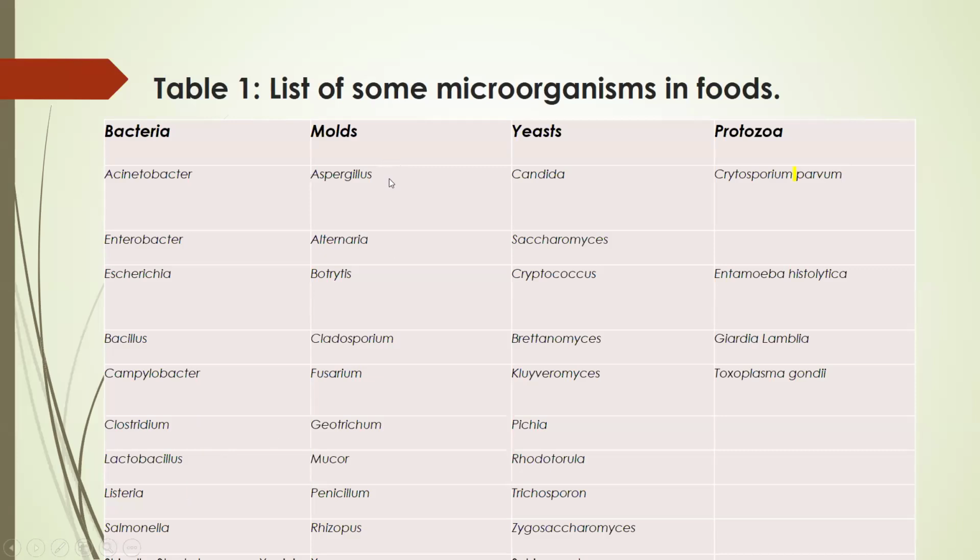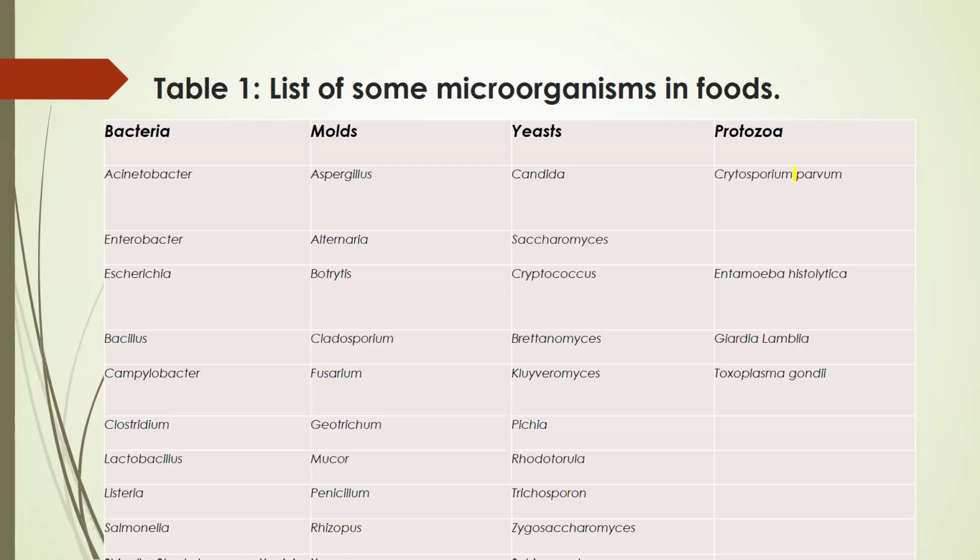Then for molds, you can have Aspergillus, Botrytis, Cladosporium, Fusarium, Mucor, Penicillium, Rhizopus that spoils bread. Then for the yeast, you can have Candida. Most of the time, Saccharomyces and Brettanomyces are very useful. Yeast are generally useful, though you have some also that can cause diseases.